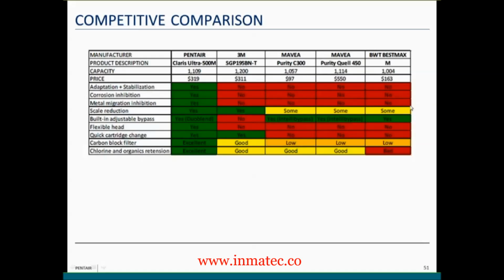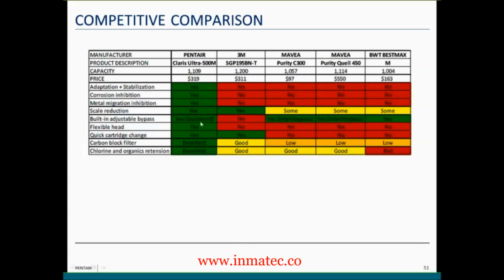We provide that as well, and they cannot. Scale reduction, yes. Most of them can provide some built-in bypass. Ours uses a duo blend technology, very, very accurate. Other competitors have no bypass. Some have a bypass that does not function very well, and others have the IntelliBypass system mimicking Claris.